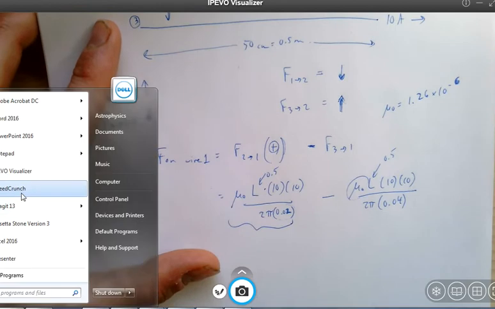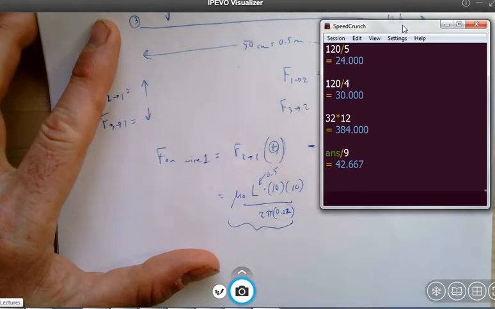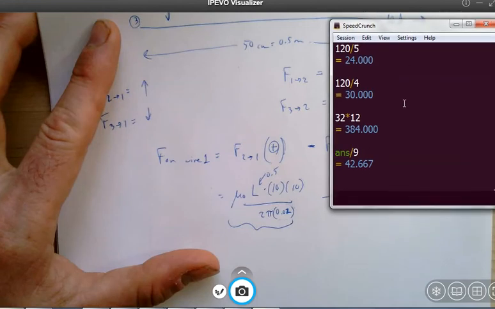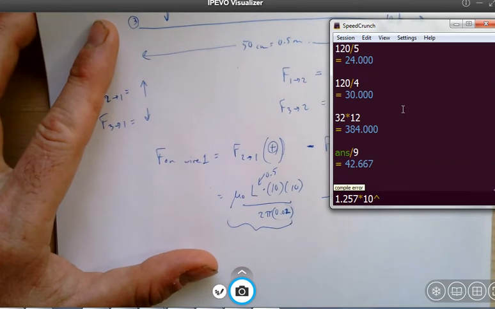So here, actually, maybe I just do it for just this one. In other words, we're going to have mu naught, which is 1.257 times 10 to the minus 6.